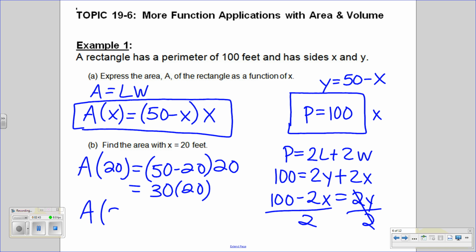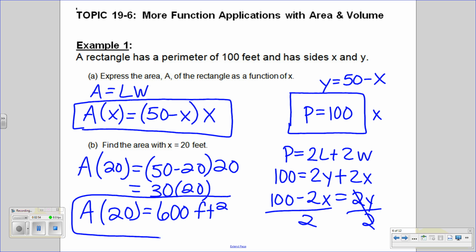So the area when the width is 20 is 600 feet squared. And that's just a little bit of function applications, making an equation in terms of x or as a function of x.